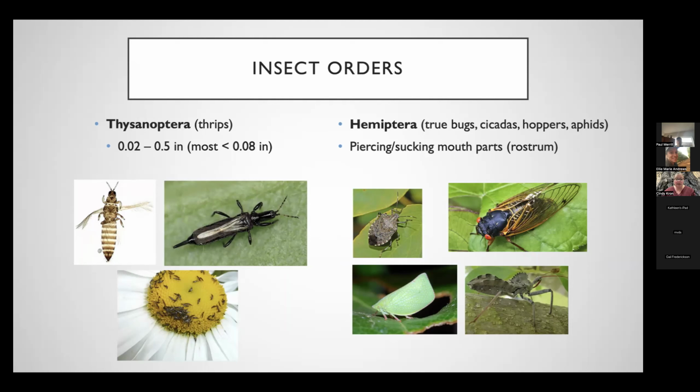But it should be pointed out, you can see this black hunter thrip that's right here. These are predators, and the black hunter thrip will feed on your pest species of thrips. So there are good and there are bad. So it's important to be able to distinguish between the two.